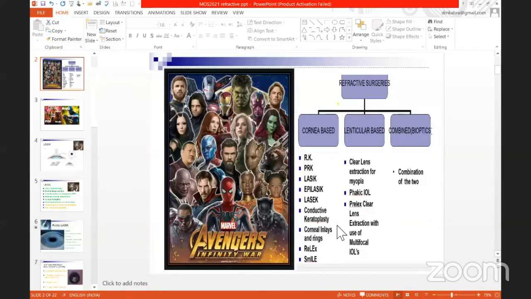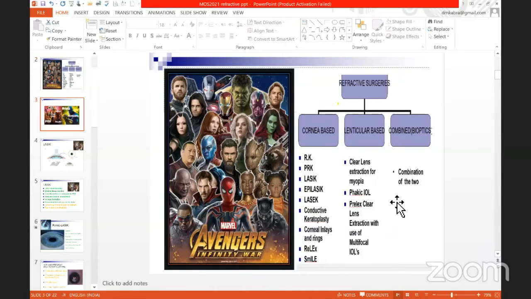What to choose, what to select, and a comprehensive overview of everything might not be possible in lieu of time, but I would definitely like to focus on some of the commonly practiced and important options. So let's target myopia, hyperopia, and astigmatism. Presbyopia, we might probably discuss a bit of it. So let's begin with a well-known and mature player.